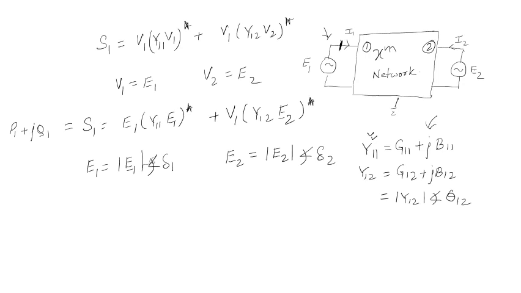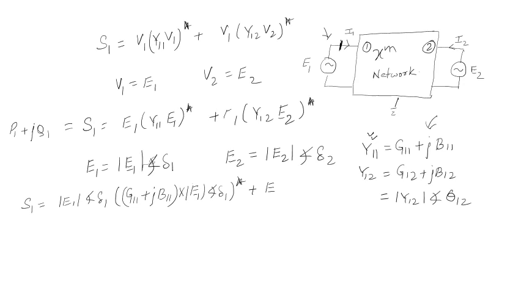So I can write S1 as E1, magnitude E1 at an angle delta 1, times Y11, which you can write as G11 plus jB11, multiplied by E1, magnitude E1 at an angle delta 1, with the star, okay, plus, here it should be E1, okay, I missed it.